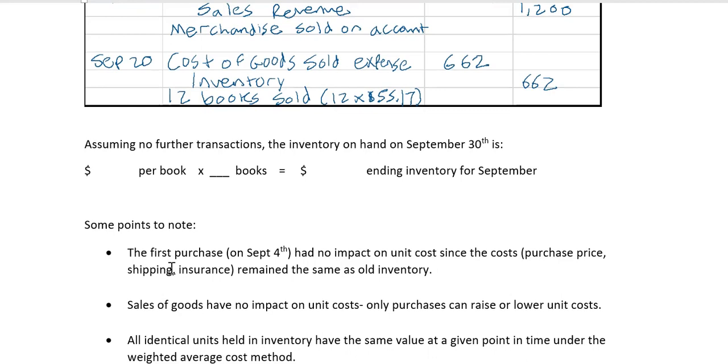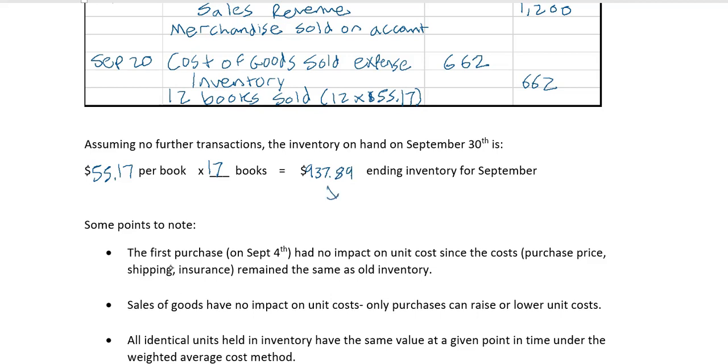And finally, we're going to look at ending inventory. Now, we've already done this in our table. At the end of September, our average unit cost is 55.17. We have 17 books on hand. And maybe I'll have some fun here and I'll show you how the rounding works.